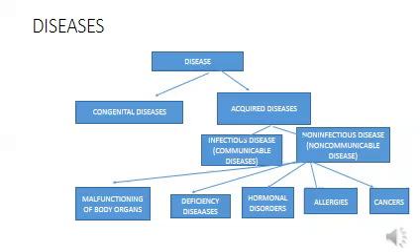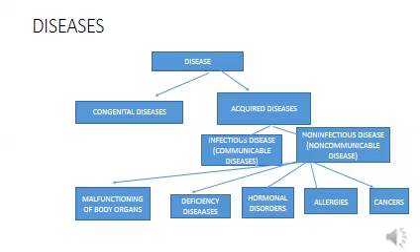And then due to deficiency of some hormones, like diabetes, iron deficiency, malfunctioning of the immune system, and cancer. So these are the different types of diseases which come under the category of non-infectious diseases.